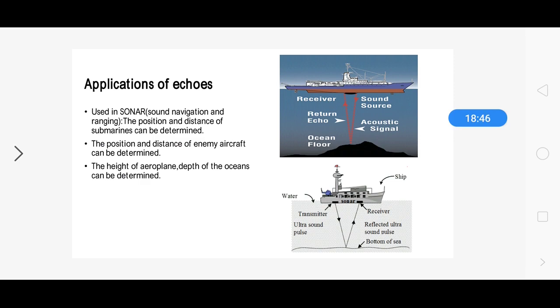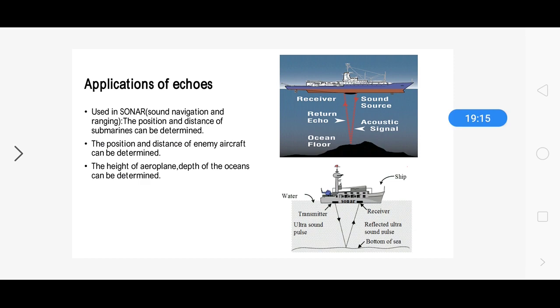Just by observing the echo, the time required to hear an echo will be calculated, and we know the velocity of the ultrasonic wave which is sent into the sea. So by knowing the velocity and the time to hear an echo, we can directly find the distance of the submarine from the ground, that is d equals vt by 2.